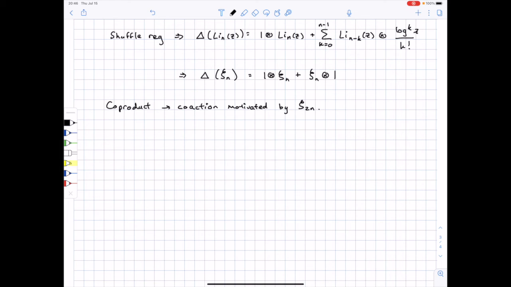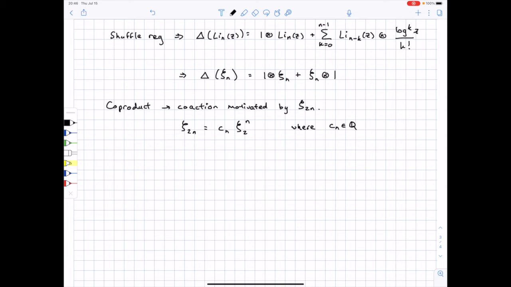Now, what's special about these is they are known exactly. They have an explicit expression in terms of Bernoulli numbers, and all we need to know here is that zeta 2n is some rational number Cn times zeta 2 to the n. So Cn is just some rational number, which is well known, but we don't need it.